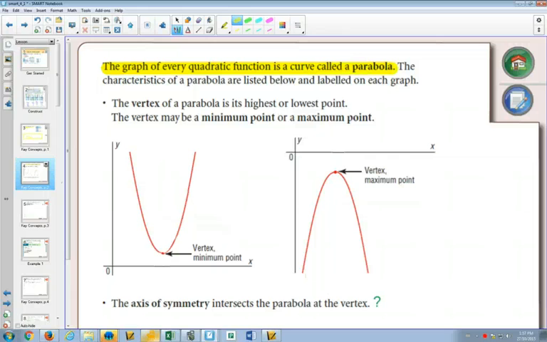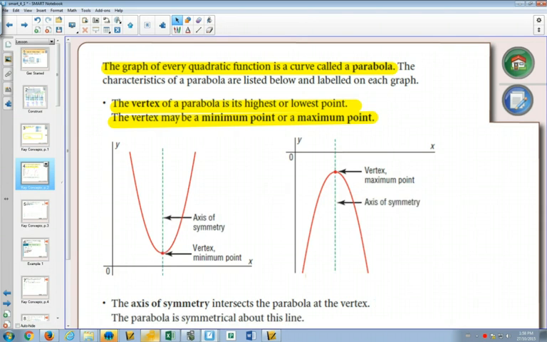The name of this U-shaped graph that we have is called a parabola. The highest or lowest point is called the vertex, and it might be a minimum point or a maximum point. Like we said before, you can draw a dotted line to represent the axis of symmetry.